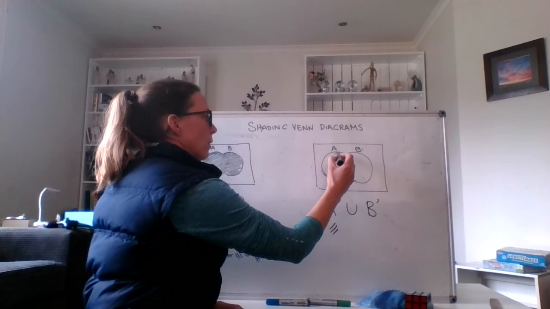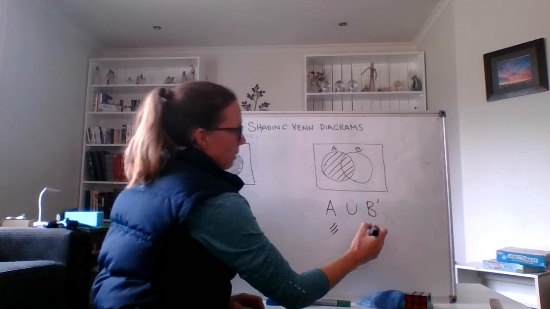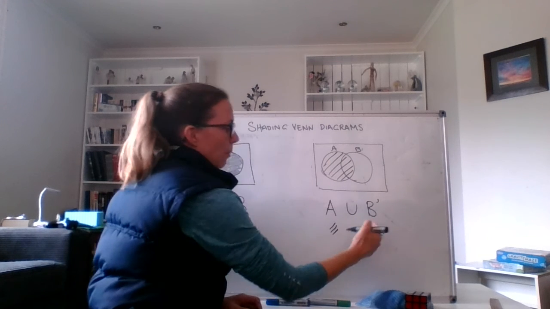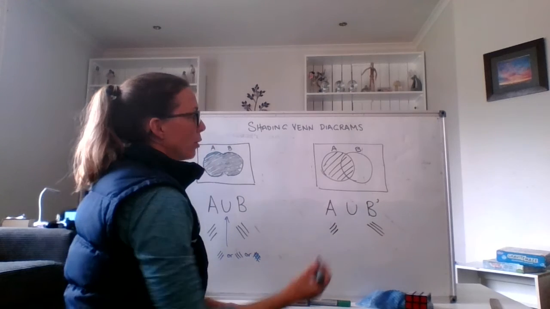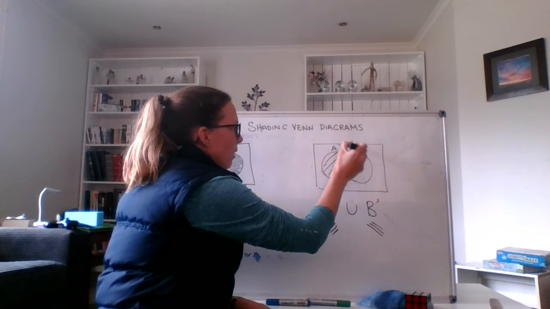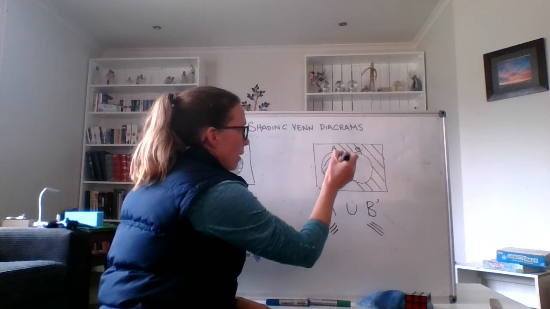So A is everything in A. Oh, sorry, I'm going to shade this second section with these diagonals. So that means not B. I'm looking at everything that is not B, everything on the outside.